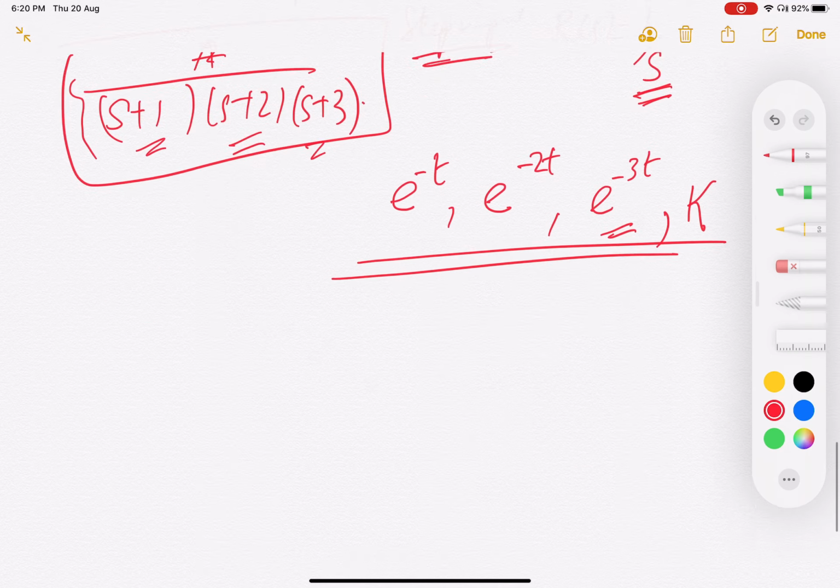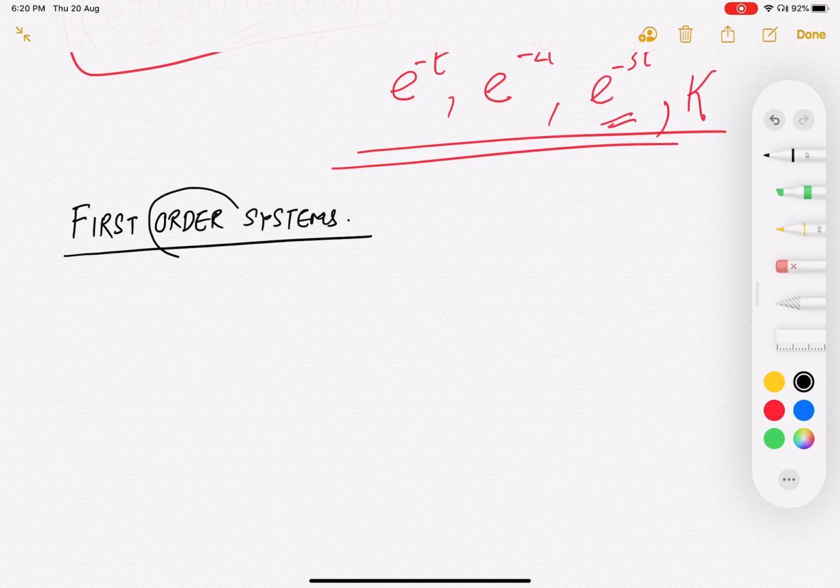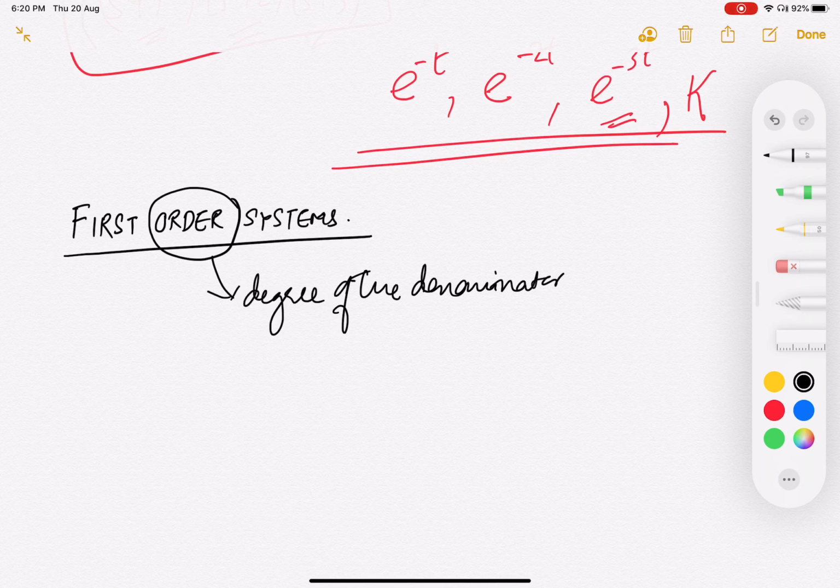Now let us actually talk about the different types of systems and their transfer functions. So the first type of systems that we encounter are the first order systems, right? As I've said before, order basically represents the degree of the denominator of the transfer function.